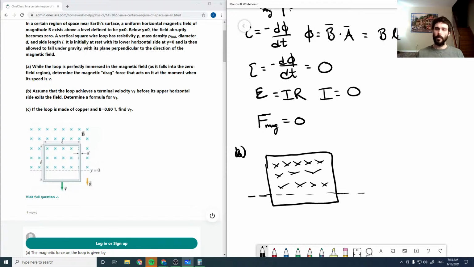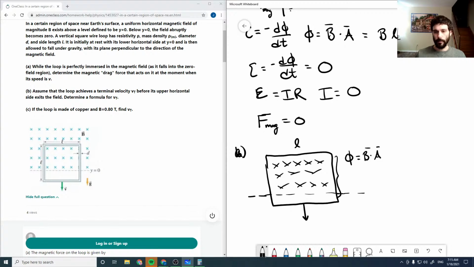Okay. And so now our phi is still B dot A. But our A is now just the area enclosed by the B field. So it's L on this side, but then on this side, we're going to give it a speed v.